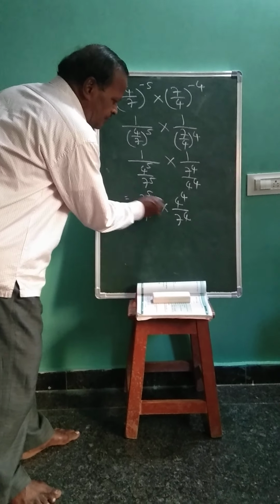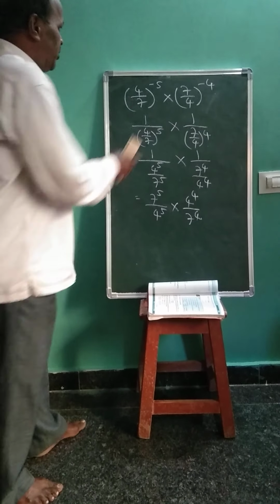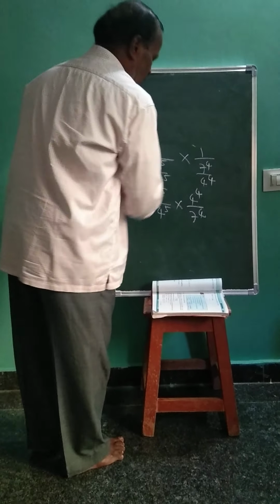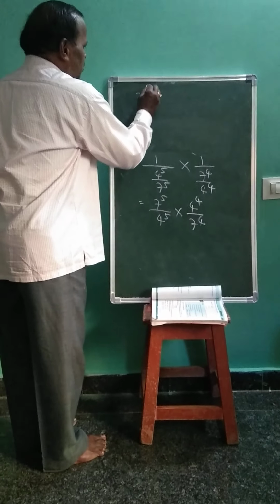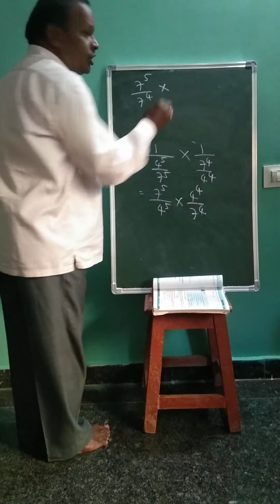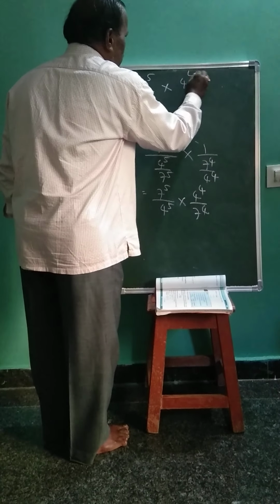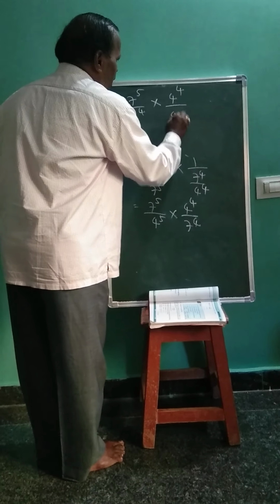So 7 five times, 7 four times. I am writing here 7 power 5 by 7 power 4, into the same factors I am writing together, 4 power 4 by 4 power 5.